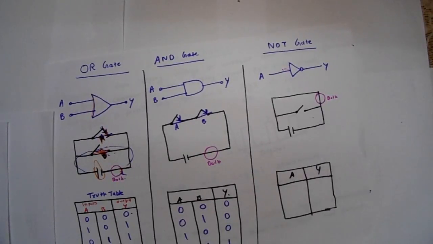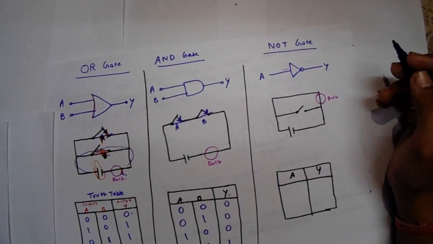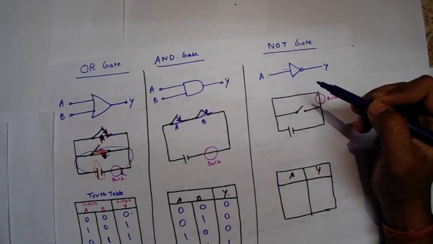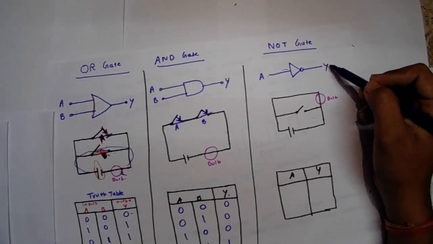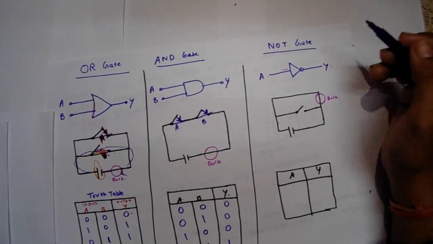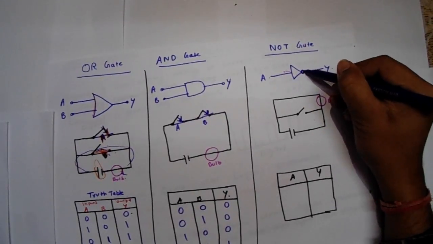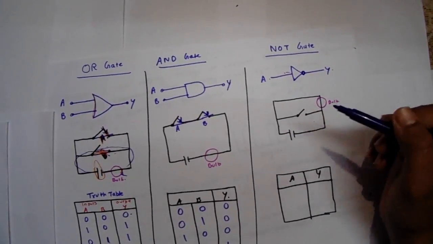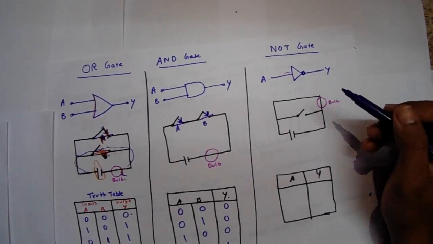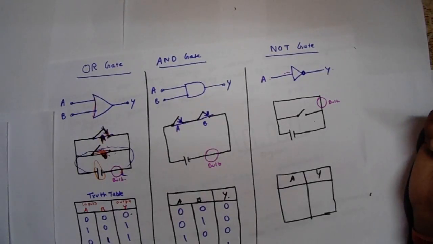We have this single input A and single output Y. See, this bubble means inverter. Now what happens? See this circuit carefully.